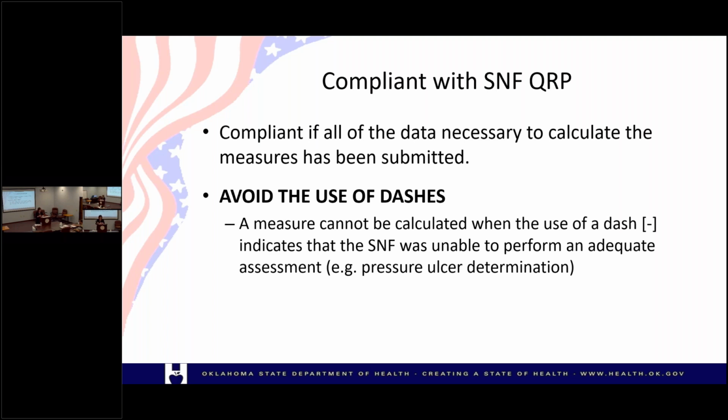A lot of times when residents are admitted to the nursing home after the hospital, they can't weigh, or maybe they don't feel like weighing. And so if that particular item is skipped, and it ends up being enough skipped items like that you can't calculate the measure, then that would end up being a possible reduction.